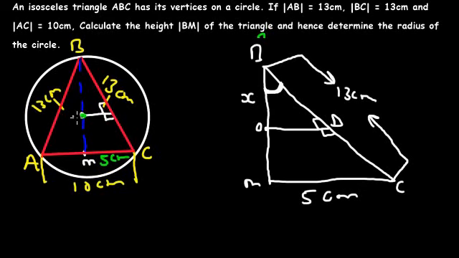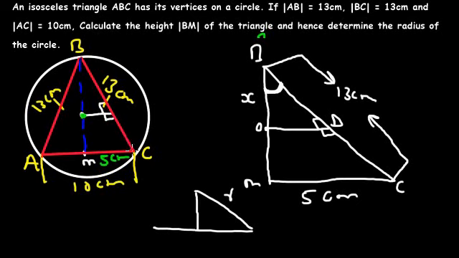Because whenever a line, like with the example we have been doing so far, when we have a chord, when it's bisected, there's a distance between it from the center of the circle, right, like here, to the midpoint of the chord. Then any line that will be from the center of the circle to the edge or to the vertex or to one end of the chord is always a radius.